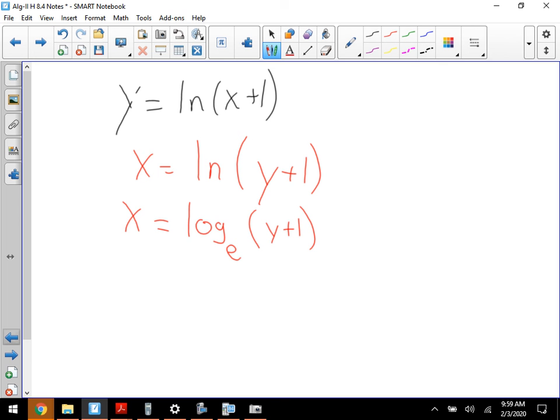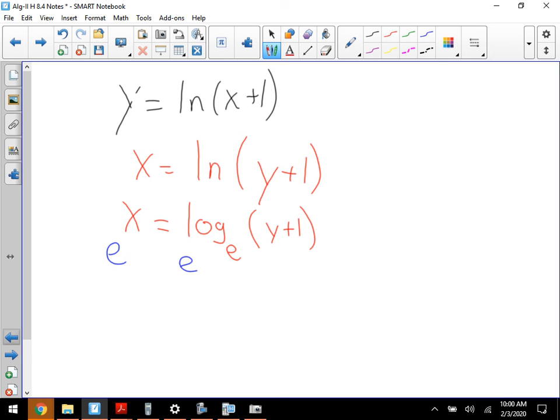Now, in order to get rid of the log, to get this y plus 1 by itself, this is where the term exponentiating comes into play. This has a base e with a log, so you have to make this whole thing an exponent. In order to do that, we put an e here and an e there. That is now e to the x equals e to the log base e of the stuff.